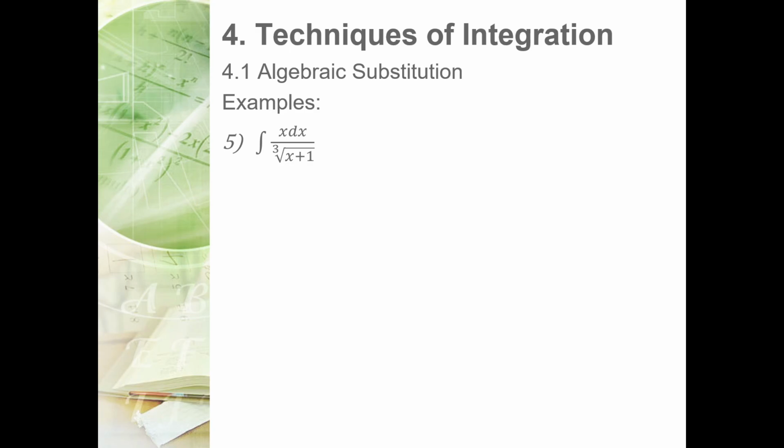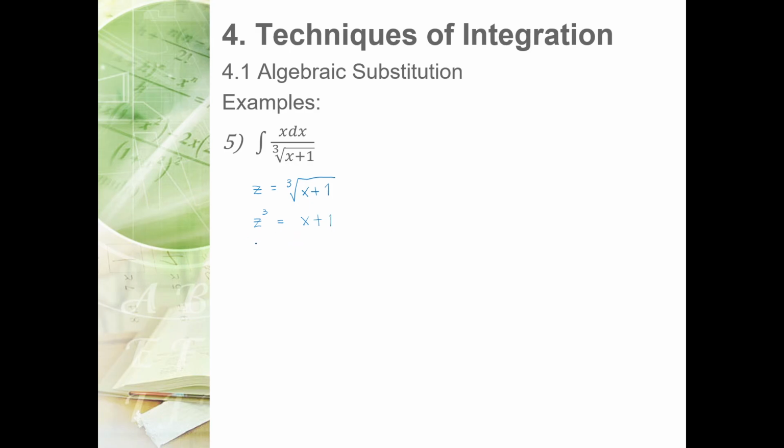Okay, so let's proceed with the fifth example. So again, you're going to replace the radical expression, that's the cube root of x plus 1. So again, getting the cube of the whole expression, this would give us z cubed, and then this one is just now x plus 1.